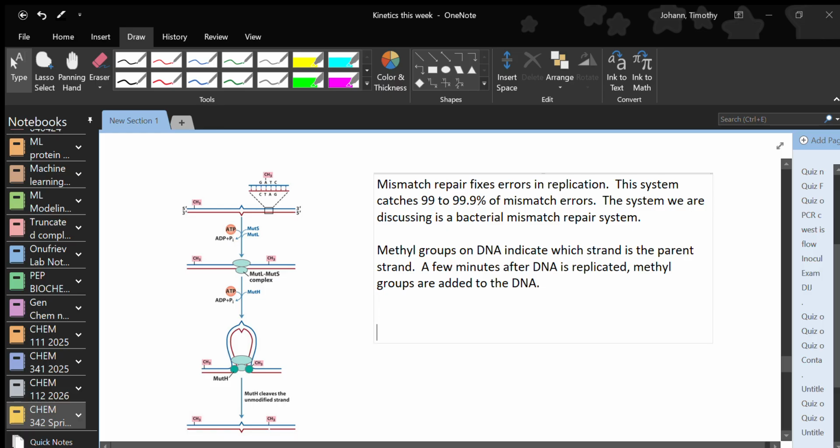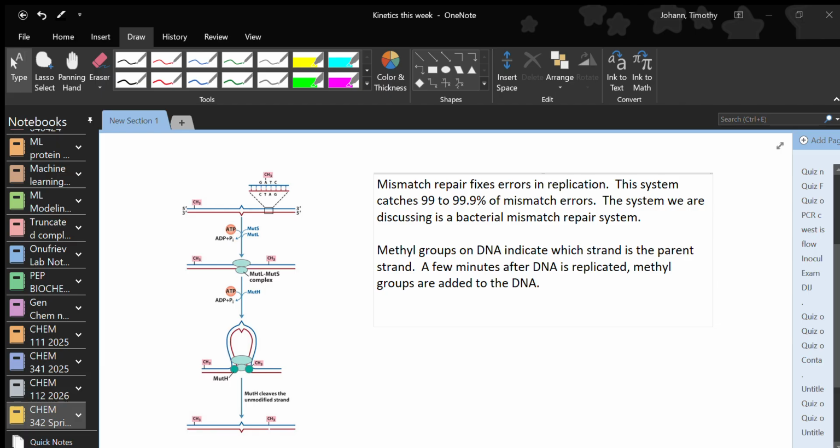Okay, and so where this is relevant to what we talked about is, do you remember in lab we added DpnI to degrade the template DNA?